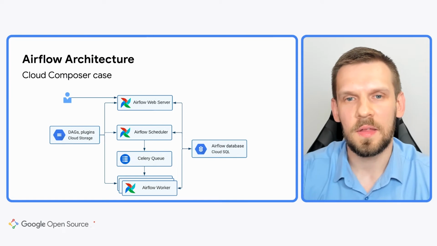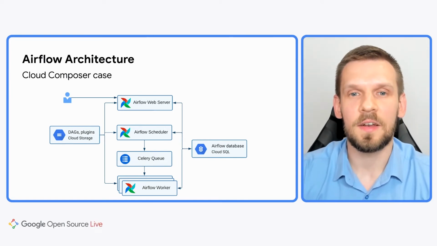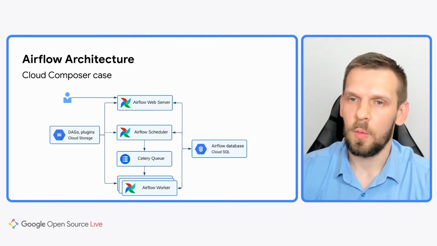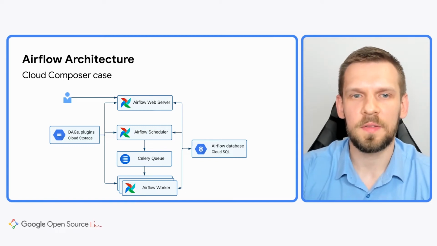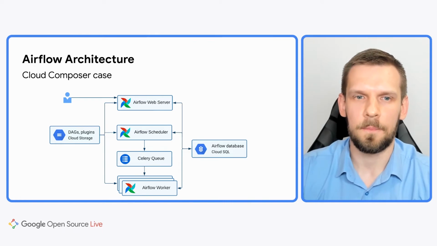Components that need these files for execution, like worker or scheduler, sync their local storage with the bucket content. And finally, we have web server or Airflow UI, which allows users to see and manage DAGs and tasks with a nice user interface.